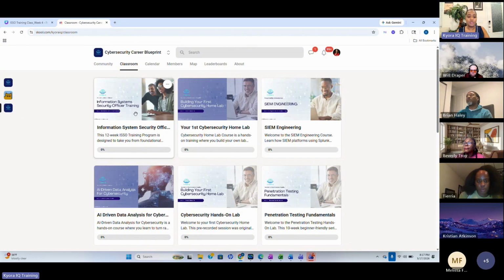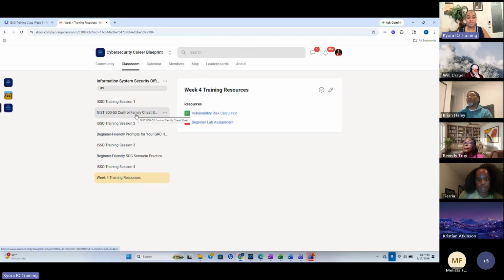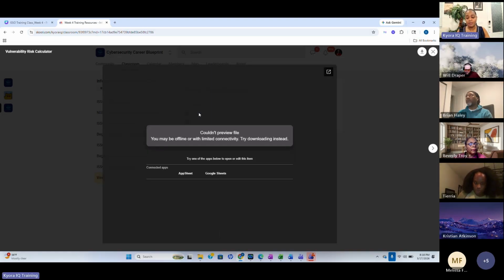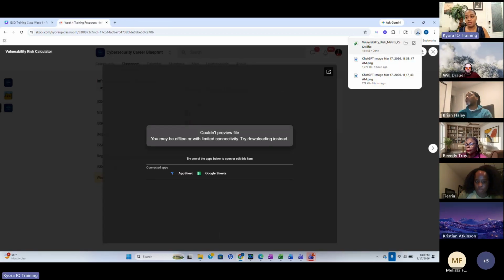If you go to the school community, go to the classroom, and then go into the week 4 training resources, and then click on vulnerability risk calculator, and then hit the down arrow to download the file, and let me know when everybody has this pulled up.